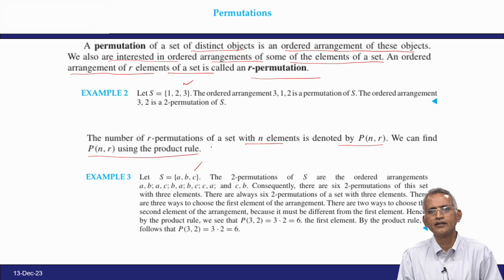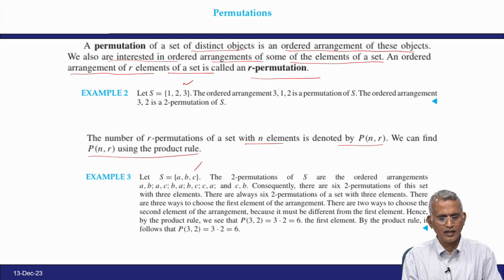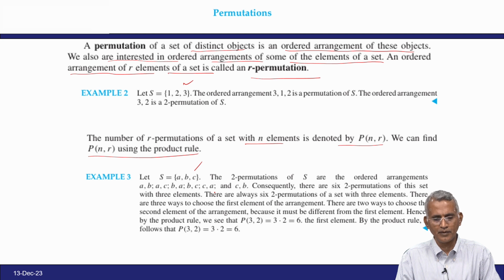The 2-permutations of S are the ordered arrangements a, b; a, c; b, a; b, c; c, a; and c, b. Only these possibilities we can have for the 3 elements. Consequently, there are 6 2-permutations of this set with 3 elements.